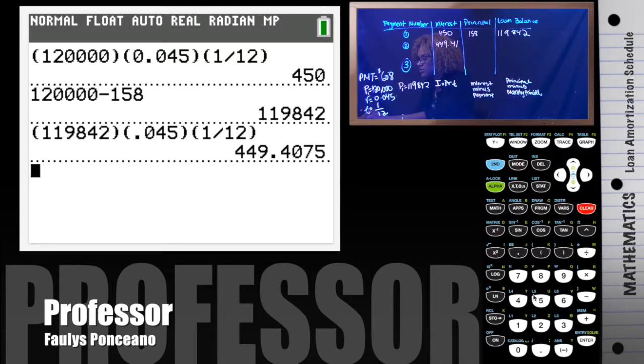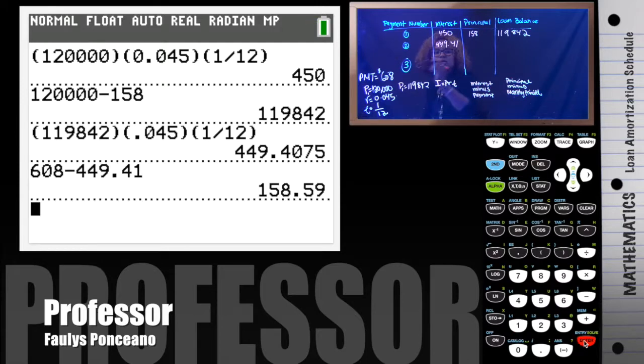Let's do that first. 608 minus 449.41. Hit enter. I get 158.59. And now to find the loan balance, we're going to subtract that from this amount.